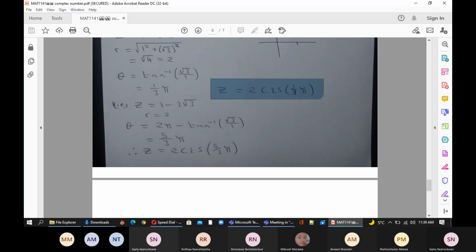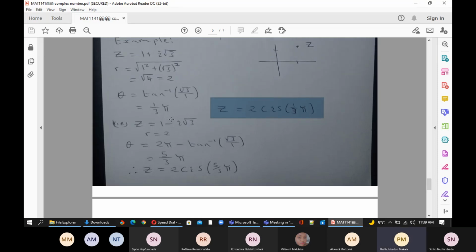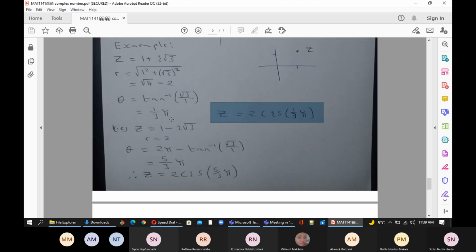So now, we know that if we've got z equals 1 minus i root 3, our r is not the same.